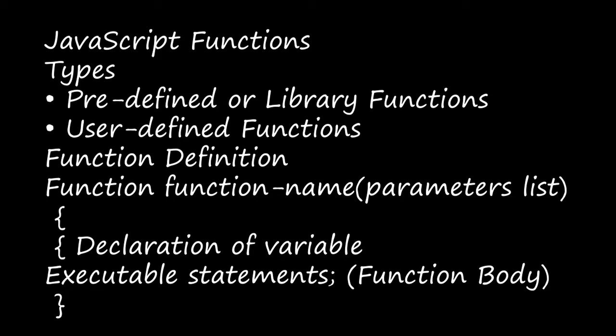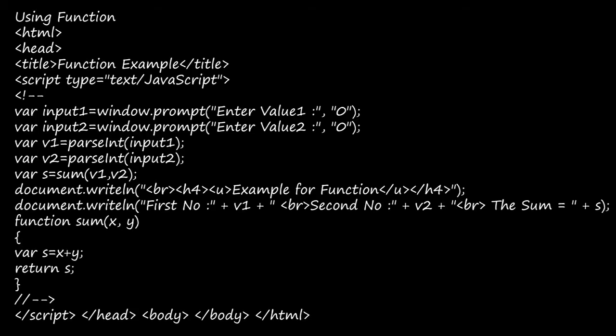Between these variables you have to mention a comma to separate each variable there. And the function body must be enclosed by braces. That means you have to write the body of the function inside the brackets. Now we are going to see an example using these functions.